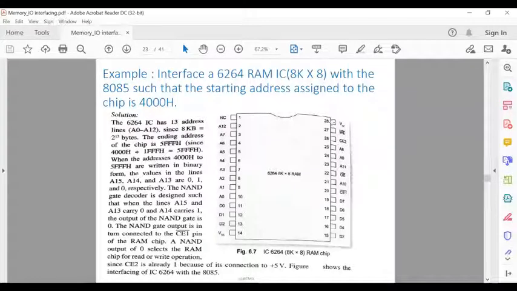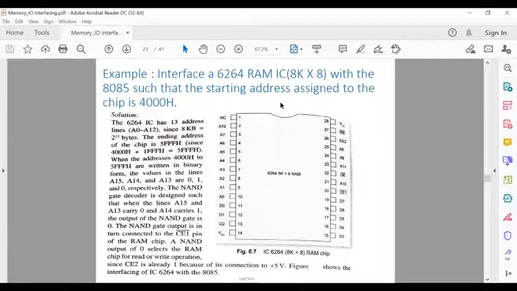Write it down, and all of you must share your screen so that I can check the memory map table. Make the memory map table on your copy.